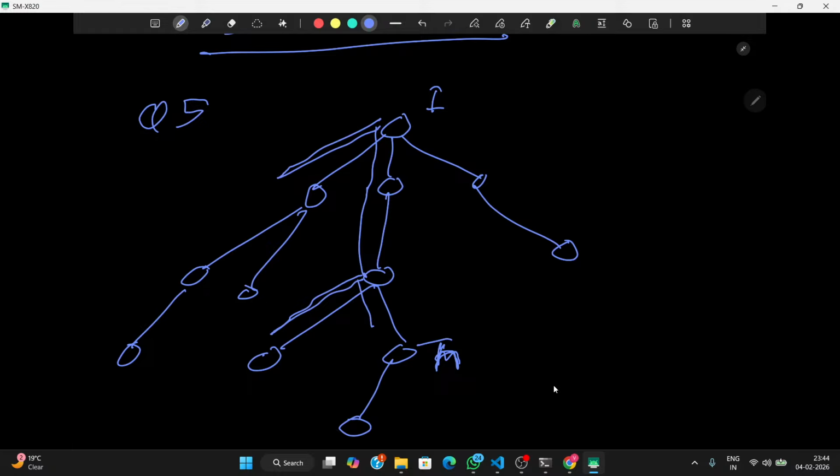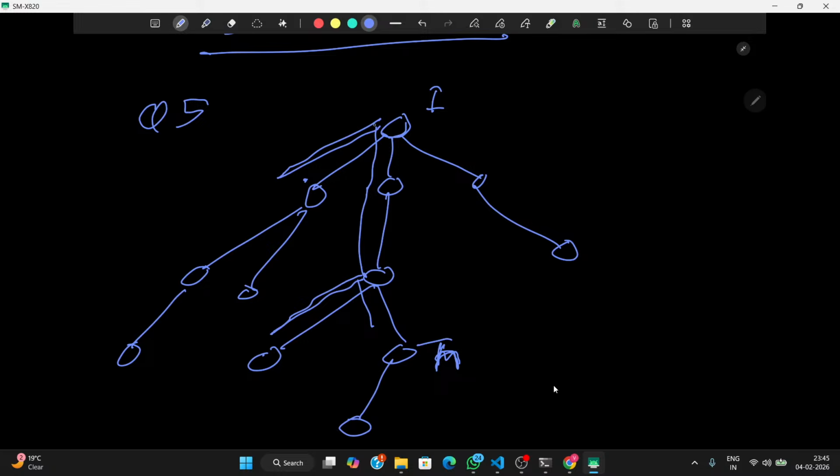Now, how exactly are we doing this? Since for every vertex we are allowed to go to it at most twice, in vertex one I can go into any one subtree of any child of one, and I can come back.